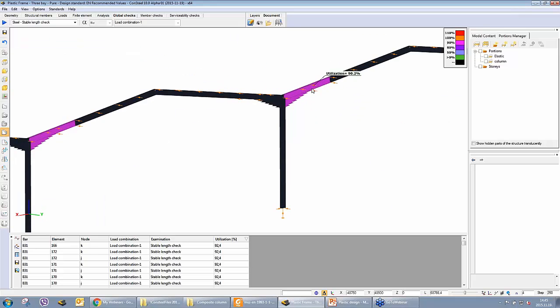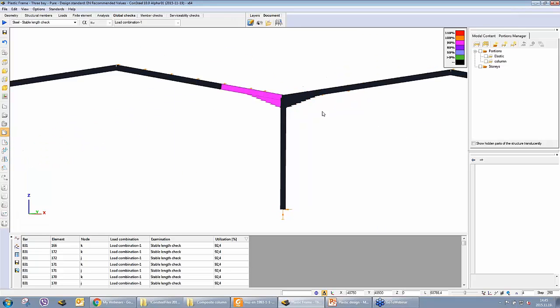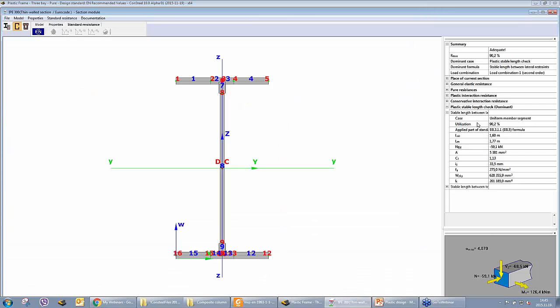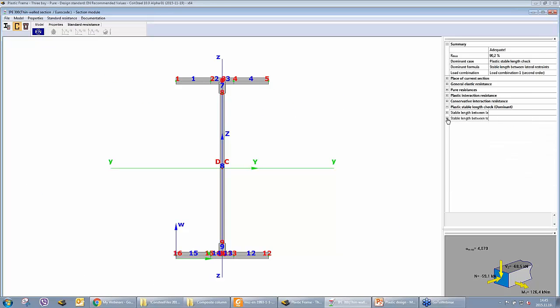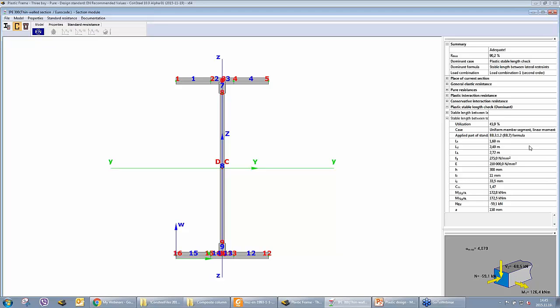So the stable length is now checked only until that restraint. And if we see the results, we can see that it was adequate earlier as well between the lateral supports, but now it is of course adequate between the torsional supports as well.